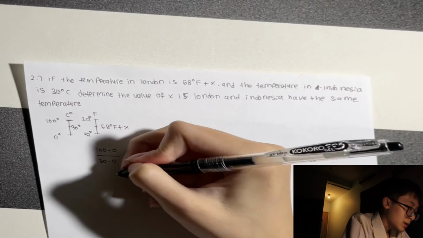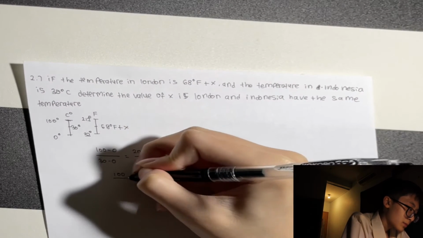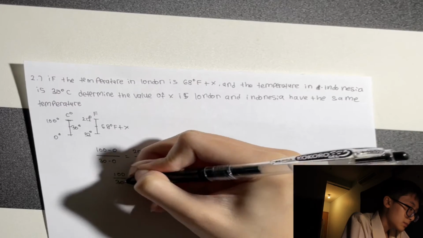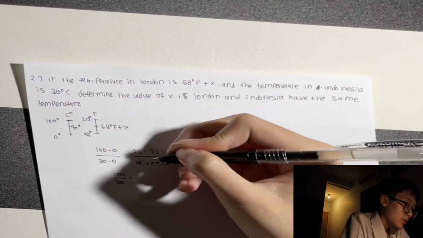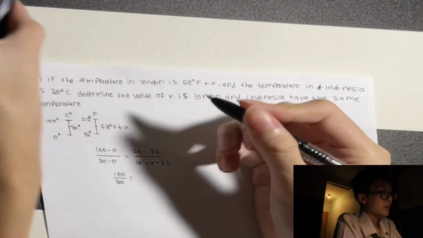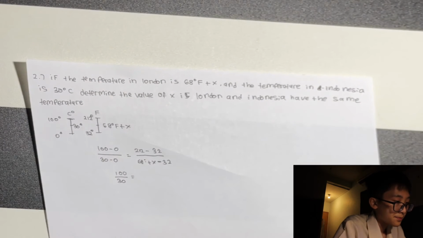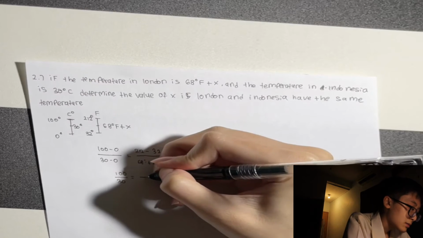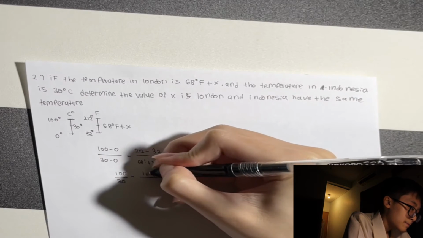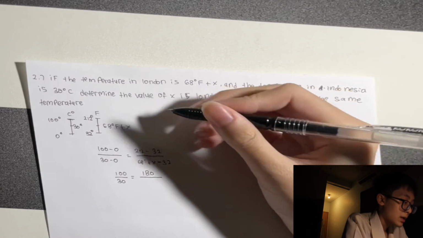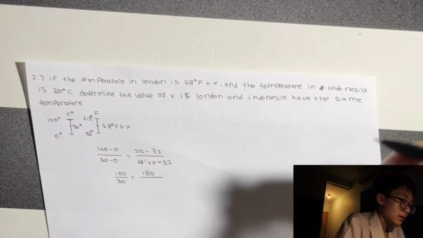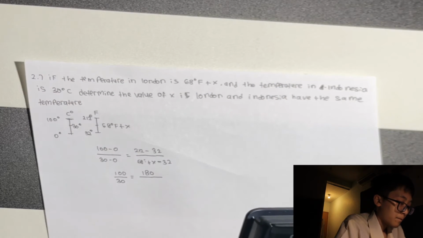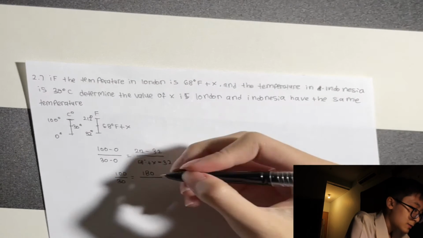Okay, this one will become 100, this one will become 30. 212 subtracted by 32 is 180, and 68 minus 32 is 36.